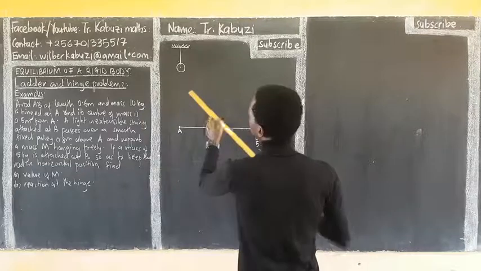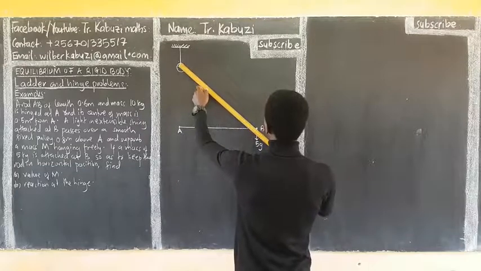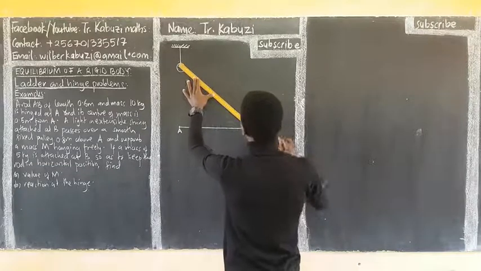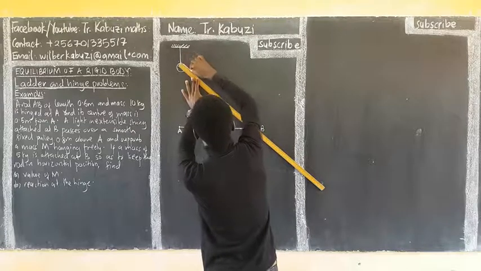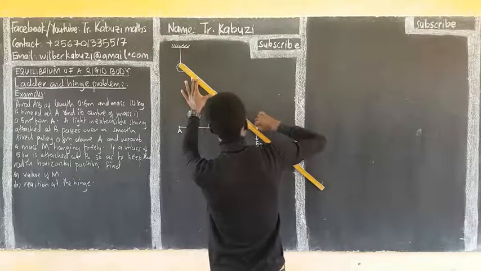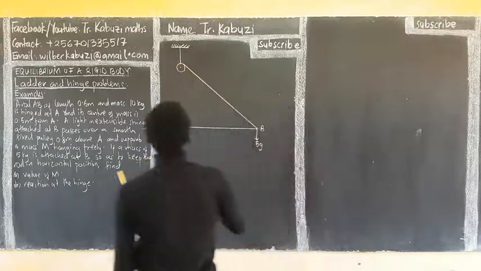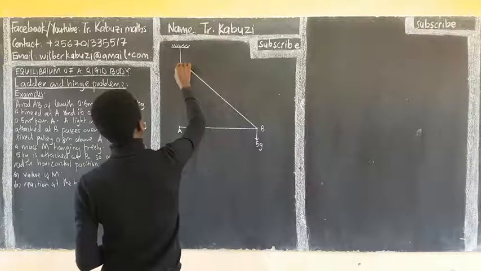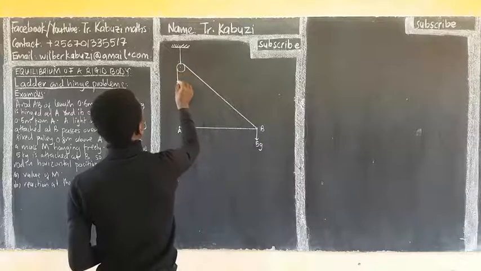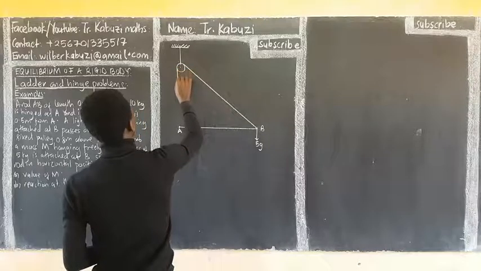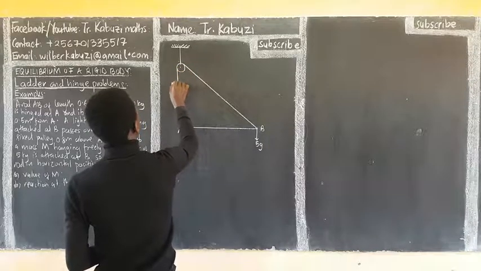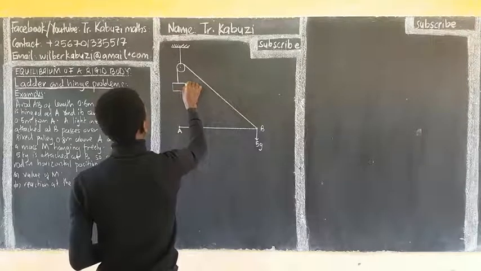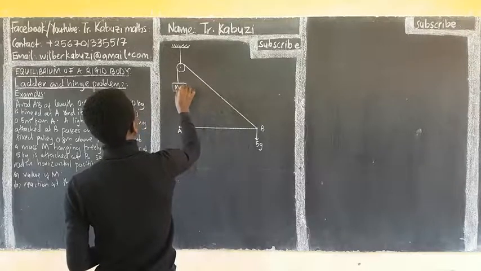Okay, so it means that now this string is going to be attached at B and passes over that fixed pulley like that. Then it's 0.8 meters above. Of course, it's going to be carrying a mass M kilograms.